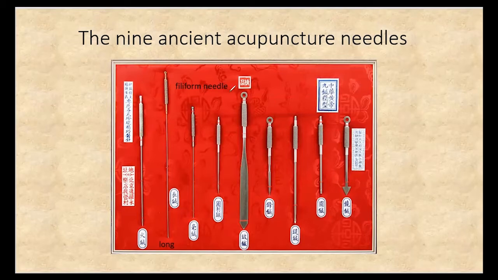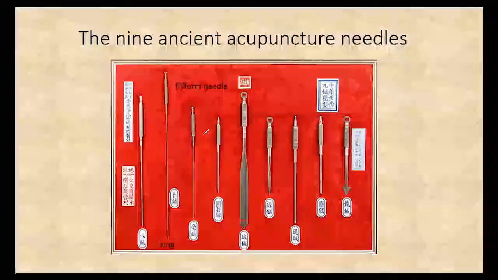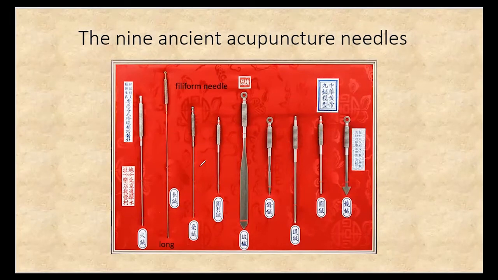So you can see some needles are made pretty thin, like this one. This one is kind of thin and not too long. So that's the needle we use right now: filiform needles.